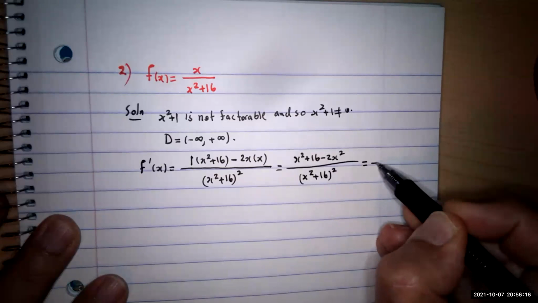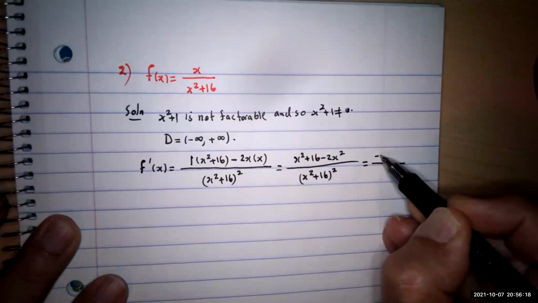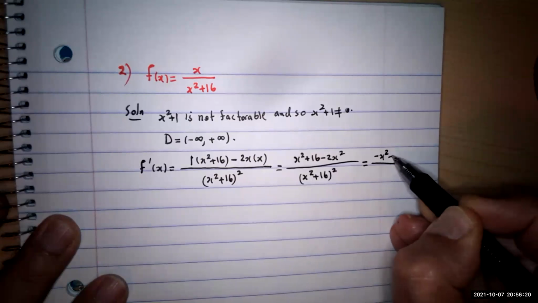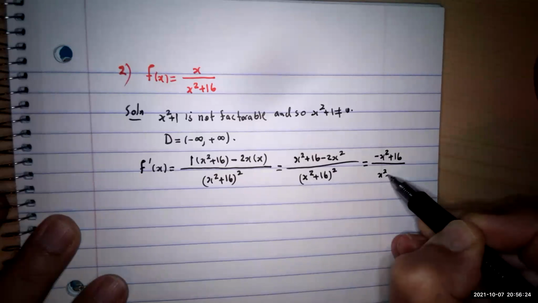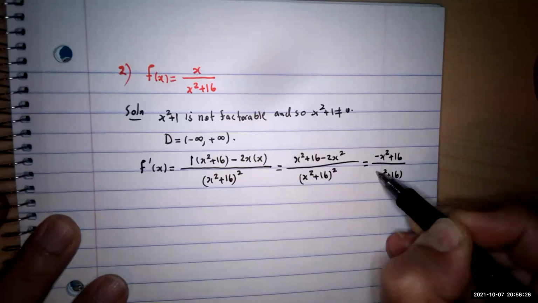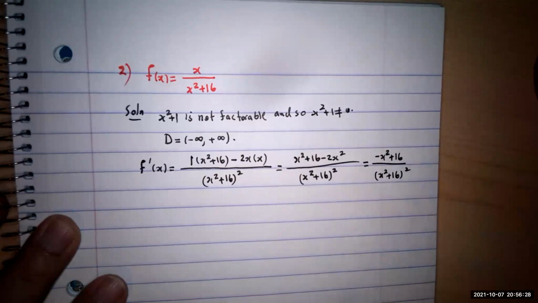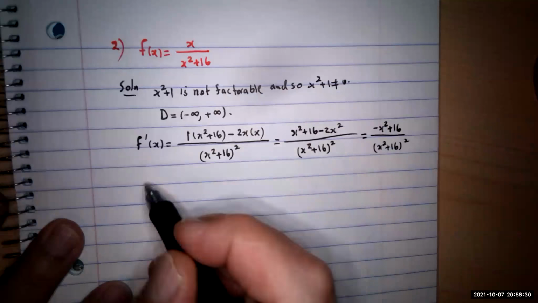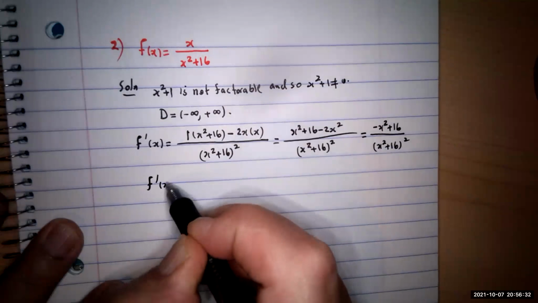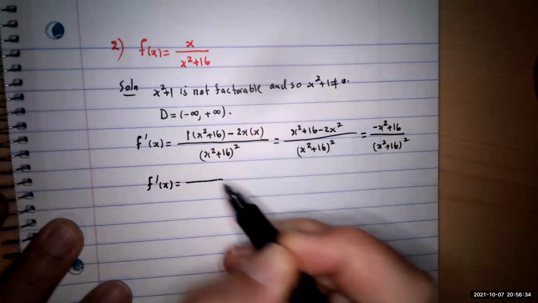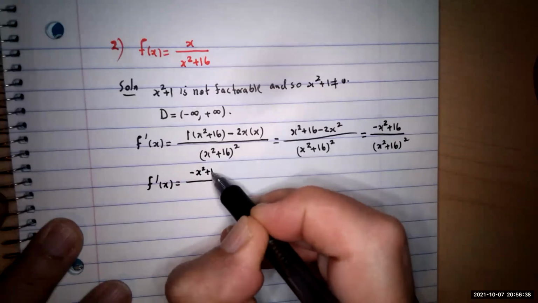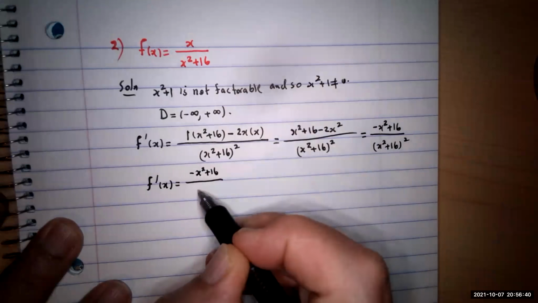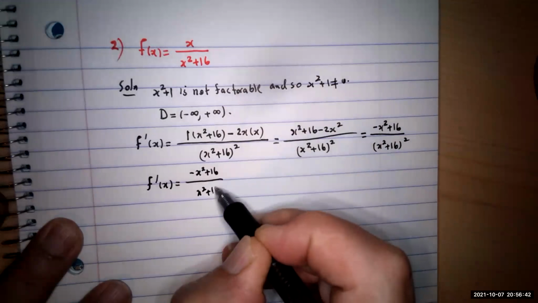So this is negative x squared plus 16, over x squared plus 16 all squared. That is F prime. I rewrite it for myself again.